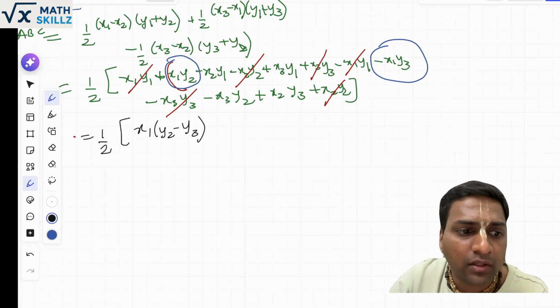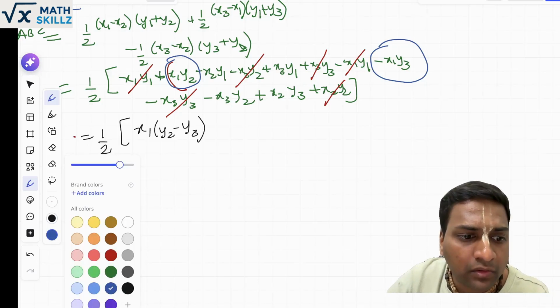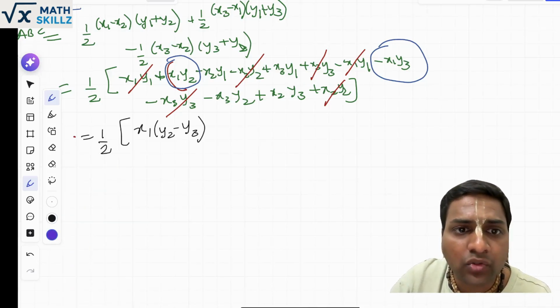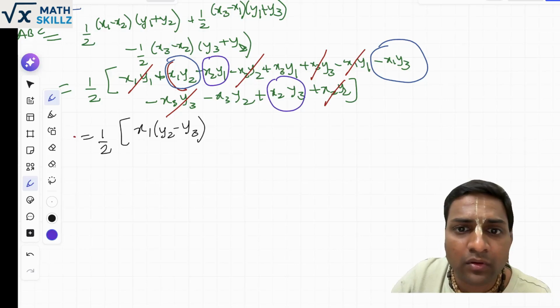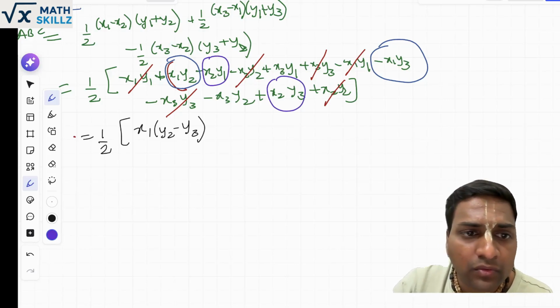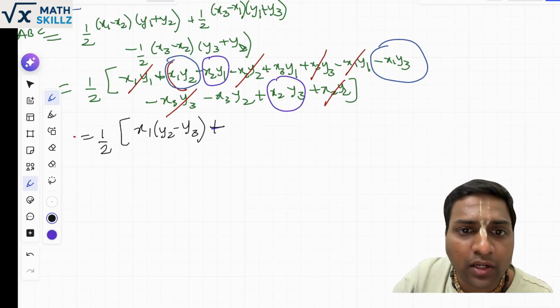Then x2 is there here, and I have x2 here, so I'll write x2 into y3 minus y1.